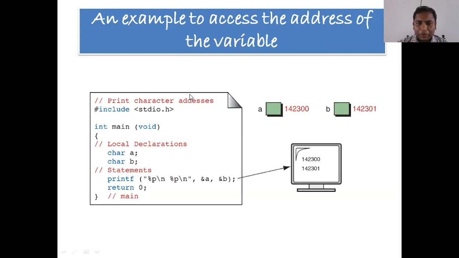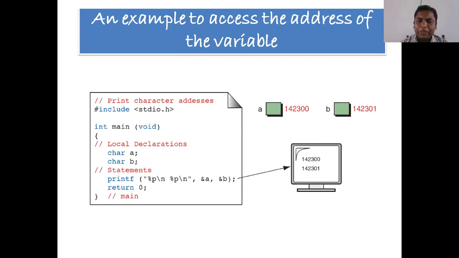And once you compile this program, you will get output something like this. So 142,300 is the address of A, and 142,301 is the address of B. And dear student, make note of this thing.